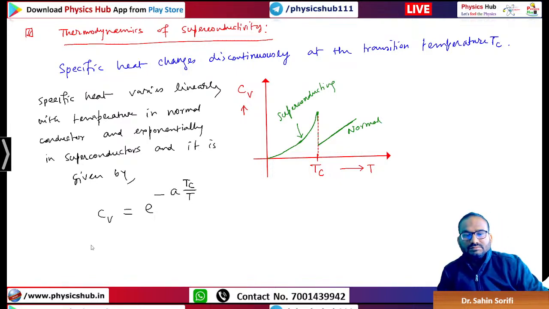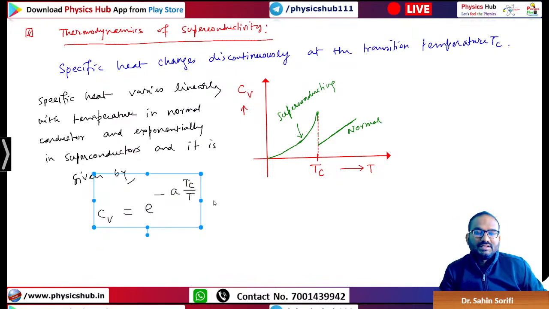So this is how the specific heat varies.